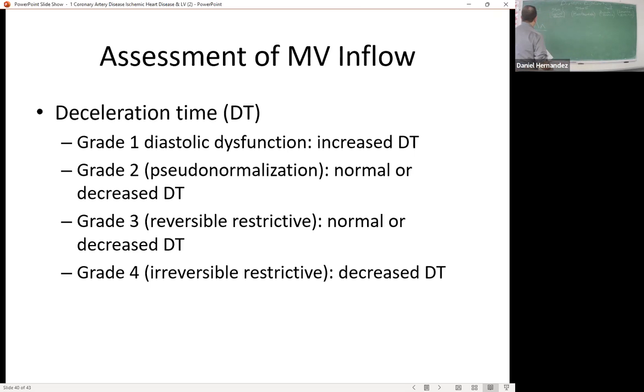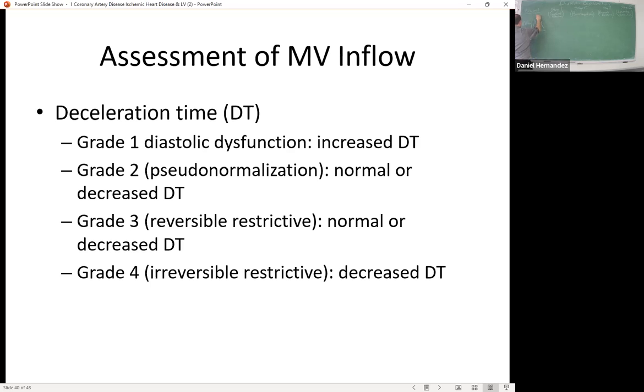Remember we said that some elderly patients can actually have an E to A ratio less than 1, so they like to give a range. For a normal pattern, our E to A ratio is going to be 0.75 to 1.5, but it's always going to be less than 1.5.